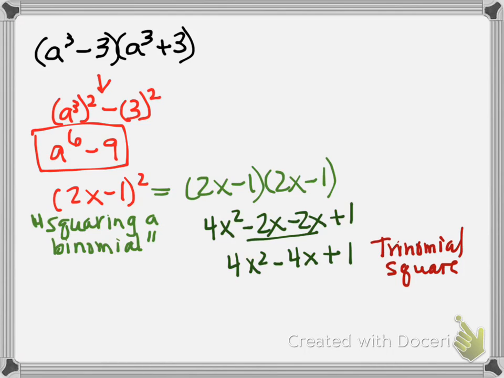So we're always going to get a trinomial when we square a binomial, and that not only is a trinomial, but it's a very specific one that's called a trinomial square. So how do we get that? What makes it a square? That term is a perfect square. This term is a perfect square.